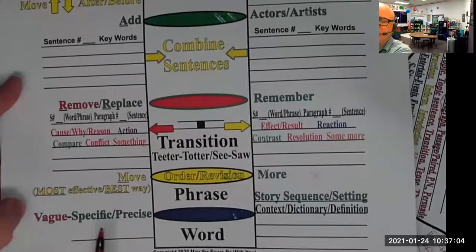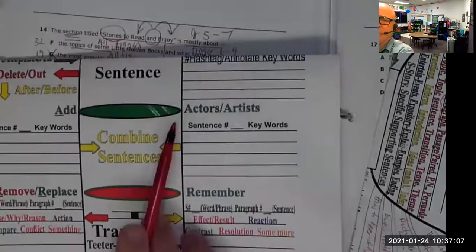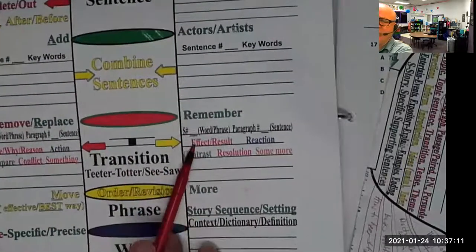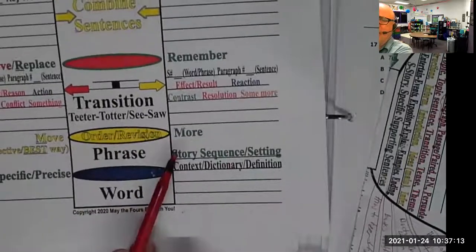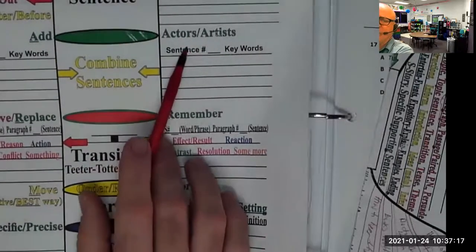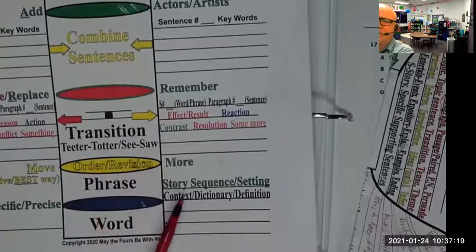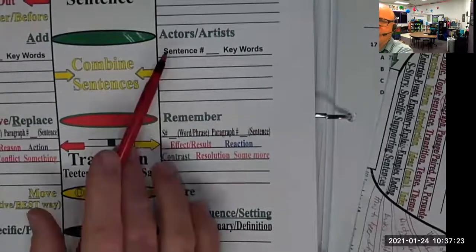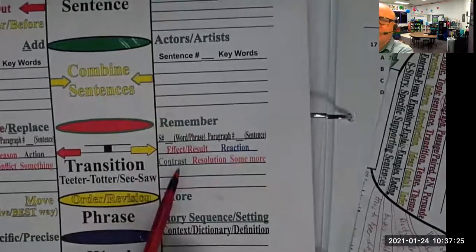I can make things from vague to specific, or I can do reading where I say actors, and I still have another arms, if you want to call it arms for reading. Actors remember more story sequence, where we act out the section, or we act out the sentences.